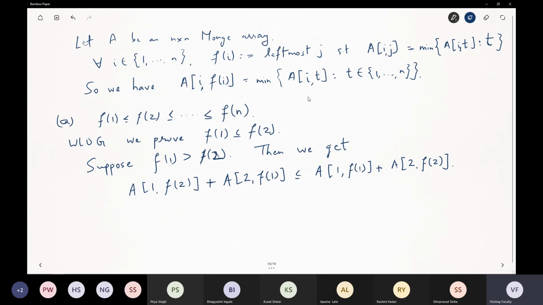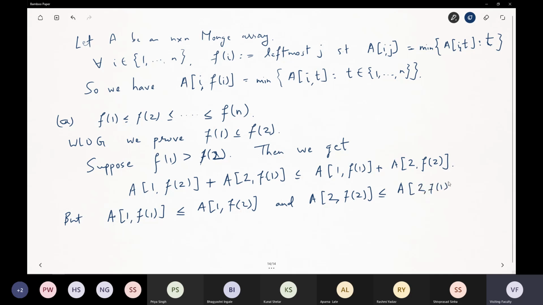However, just look at the definition of a_i f_i. This is the minimum value. So we already have a1 f1 less than or equal to a1 f2, just by definition of f.